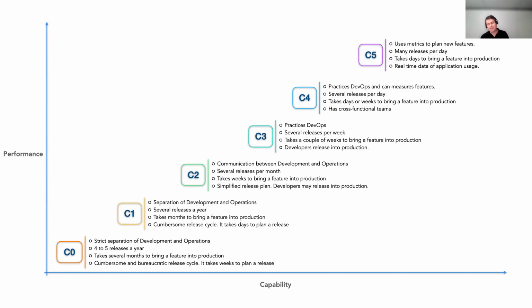The numbers are really not relevant, it's just to give you an idea of where you are in the whole picture. It's not like a C4 means something. No, I just put a number to be able to reference the level. But at the end of the day, it's just a matter of how fast you are, how performant you are as a team and as an organization.